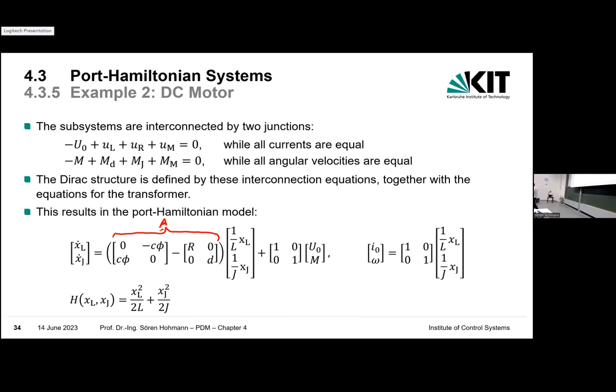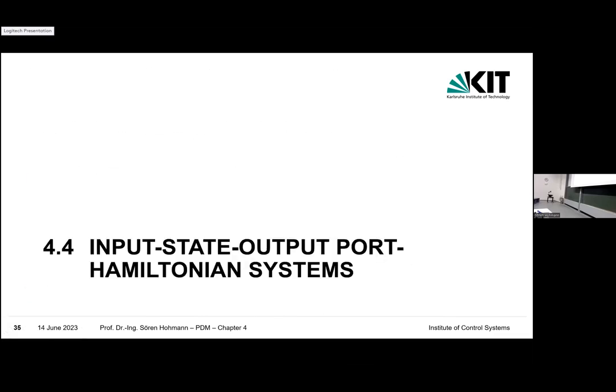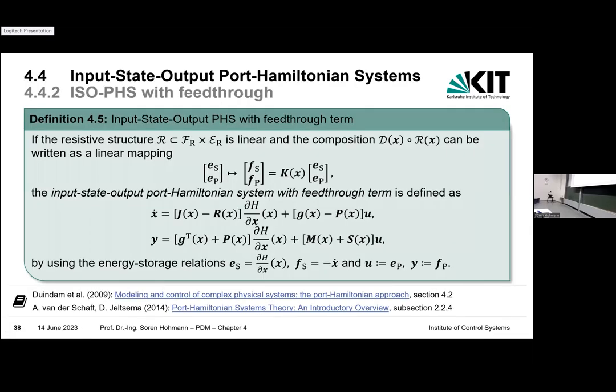Just as a takeaway, and then we want to do the questionnaires, not to forget for today, and we should have enough time to fill it out. I want to make the point that this result, which we learned here from the DC machine, can be deduced in general. I will not go over the proofs here. If the resistive structure is linear, which is very, very often the case, then we can write this composition of the Dirac structure as a linear mapping.